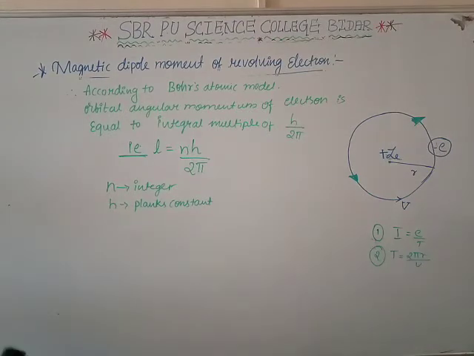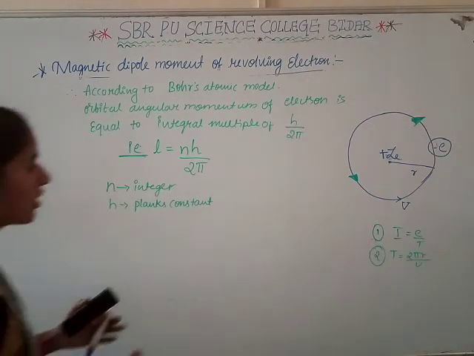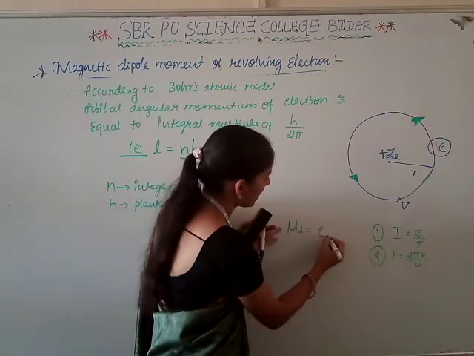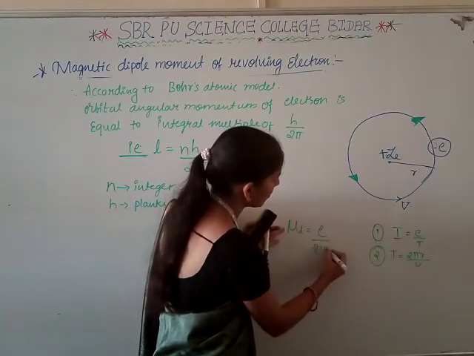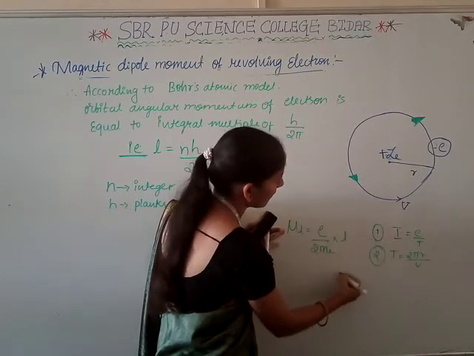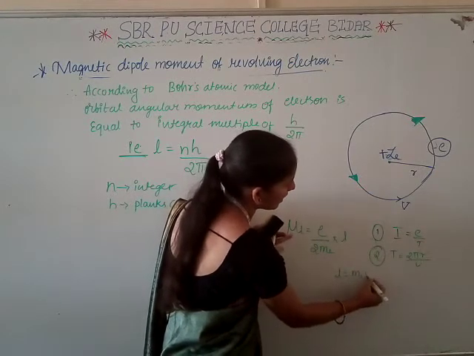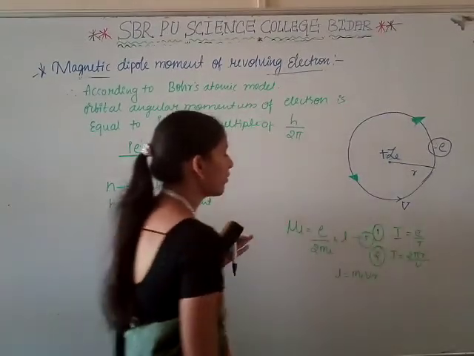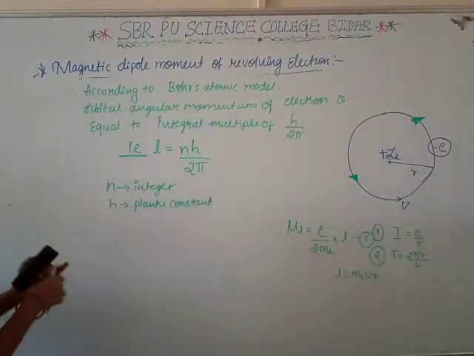Now we have equation 5, that is μL is equal to e divided by 2me into L, where L is equal to me into v into r.